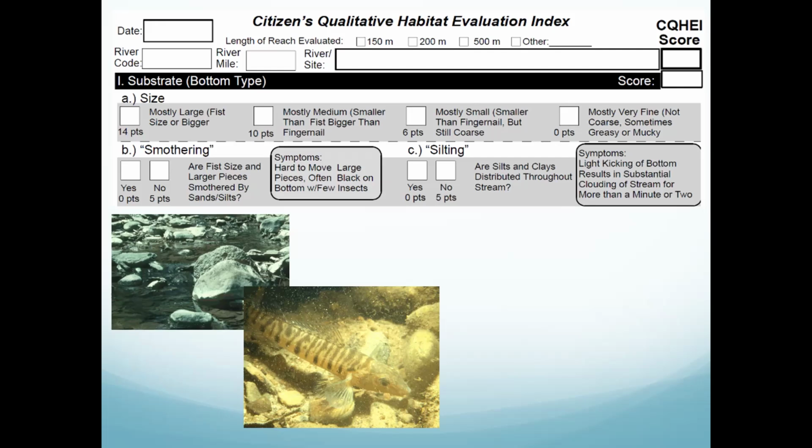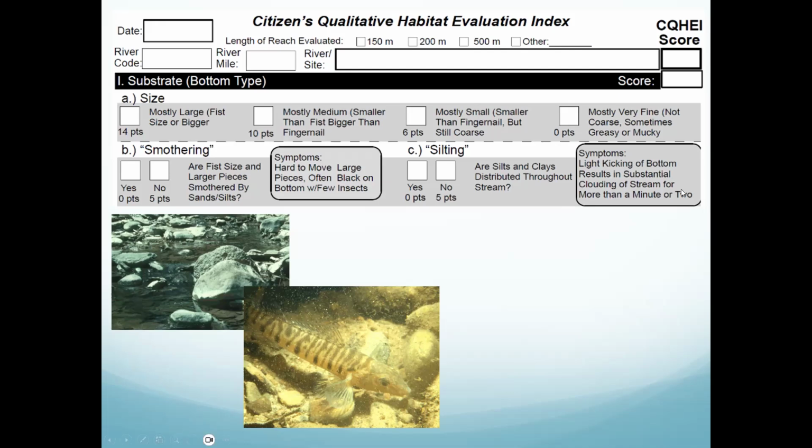Right. Yep. And that's the term of functional, meaning, is it usable? Is it in the water? Is it actually providing that habitat that type of substrate should provide, and things like that? Yep, that's a good point.